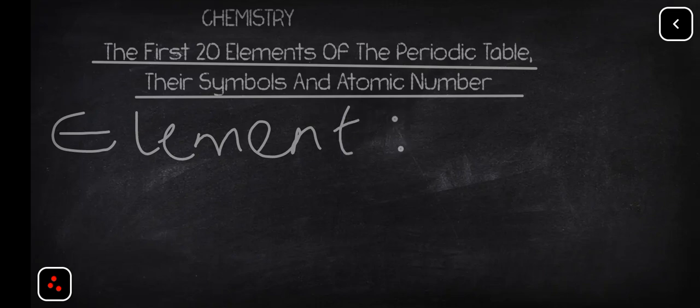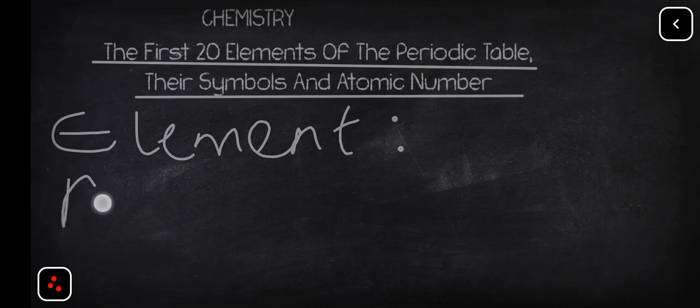So, what's an element? An element is a chemical substance that cannot be broken down into other substances. The basic particle that constitutes a chemical element is the atom, and each chemical element is distinguished by the number of protons in the nuclei of its atom, known as its atomic number.